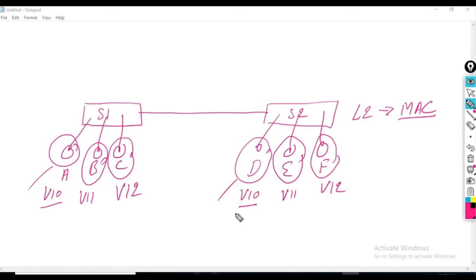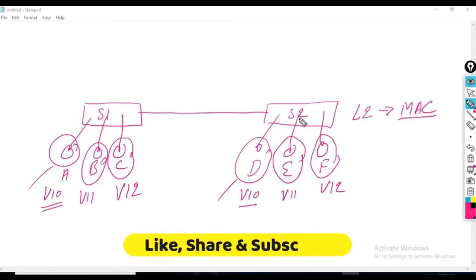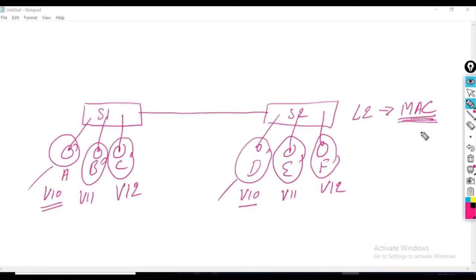But, for example, if A computer wants to send some data to E computer or maybe F computer, A computer belongs to VLAN 10 and E and F computers belong to different VLANs, which are 11 and 12. On layer 2 this is not possible because both the switches are only able to understand the MAC address, right? So these are actually different networks when we configure different VLANs in the network.